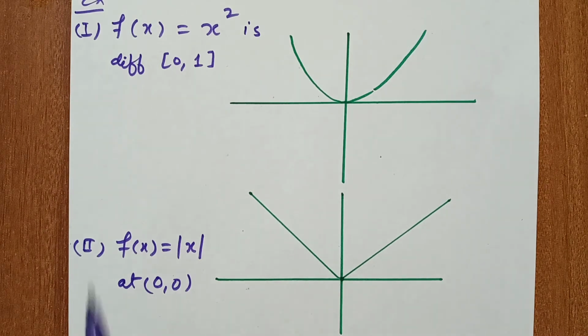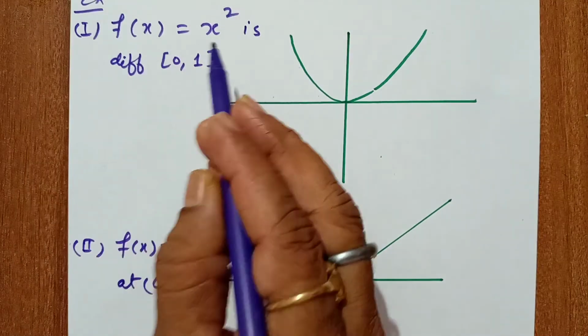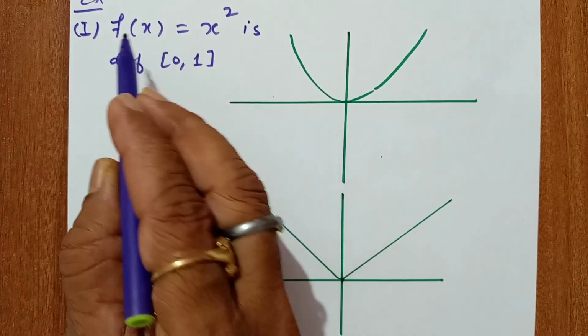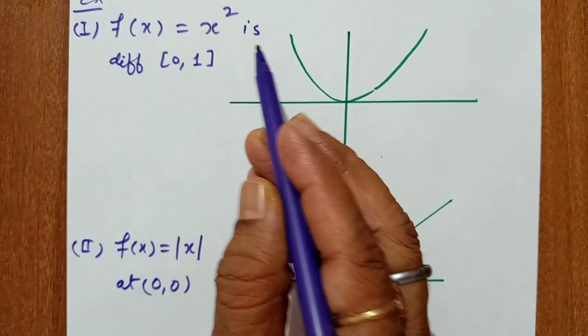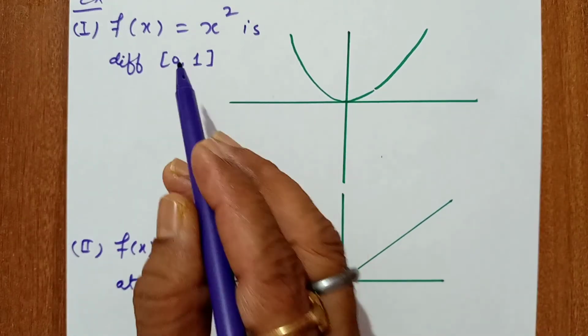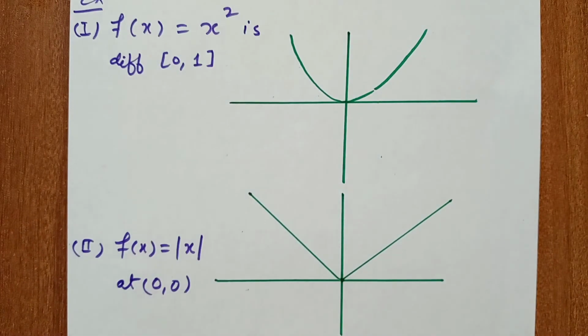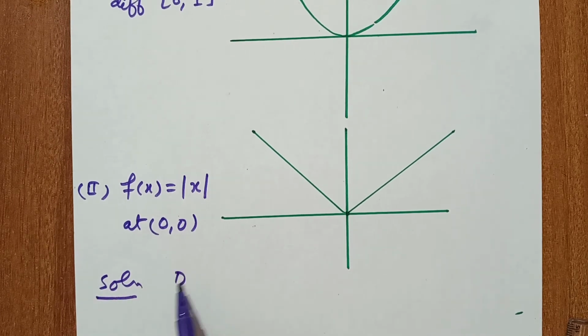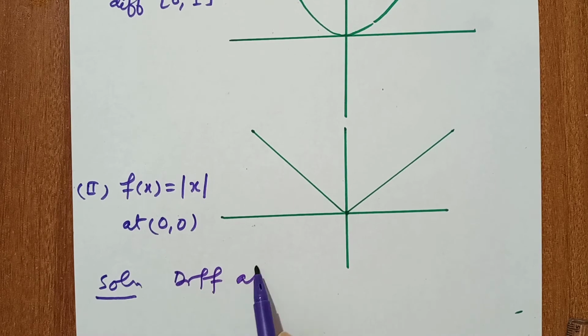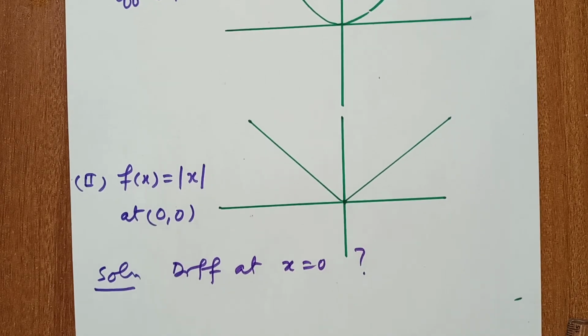First example: f(x) = x square. So this is a parabola. I want to check whether this is differentiable or not at points 0 and 1. First we will check differentiability at x = 0. How will we check?